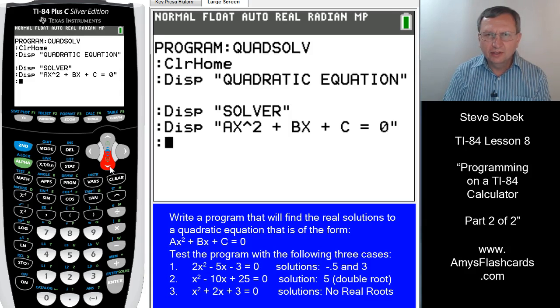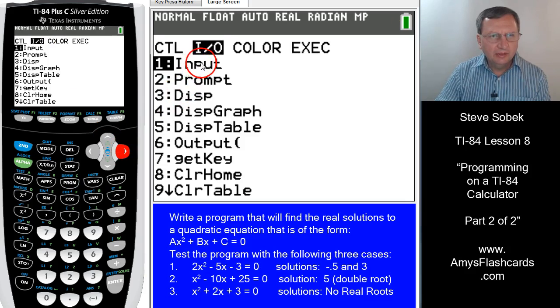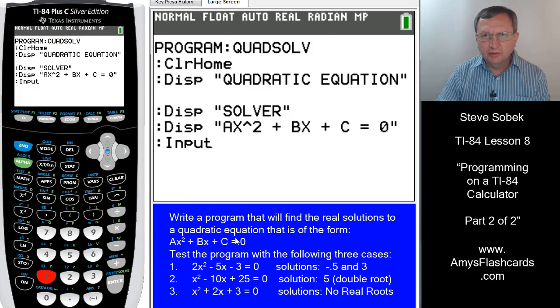We're going to hit the Program button, hit the I/O, and input is number 1. Input, as you recall from lesson 7, allows you to first type a little prompt in quotation marks.